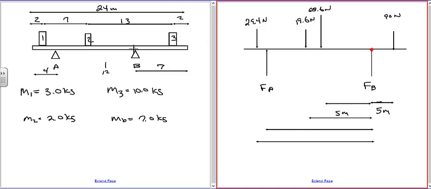Now we need the distance from here to the support. There's 11 from the ends, so the in-between has to be 24 minus 11, which is 13. So it's 13 meters between these 2 points. Oh, and I forgot this one. Actually, this one is 5. So to the middle, it's 5. 5 plus 5 plus 2.